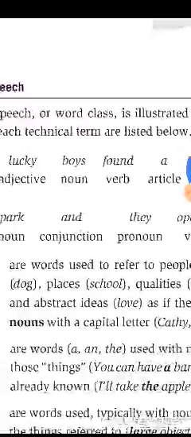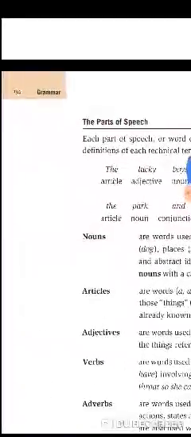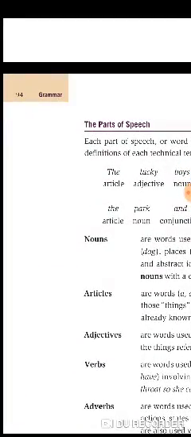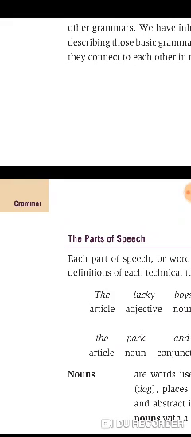If you go to the next page, I suppose it's page 94, you can see that the traditional grammarians found something called the parts of speech. What are the parts of speech?